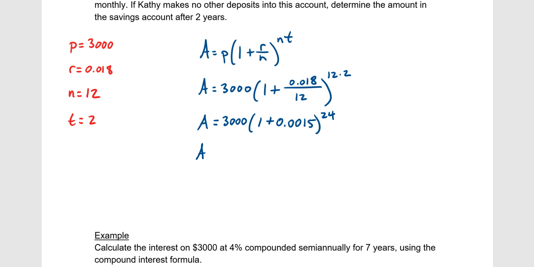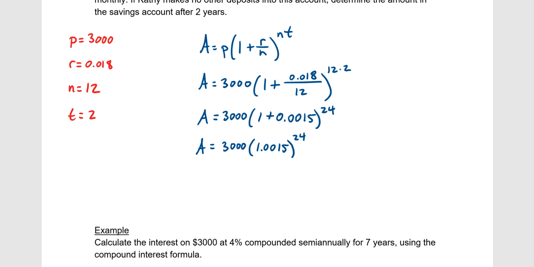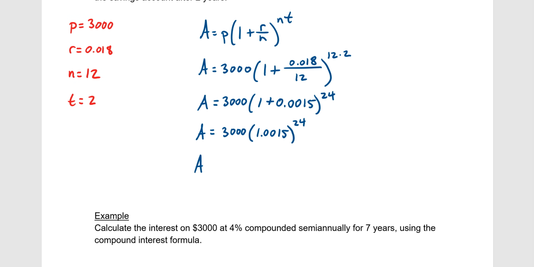And now let's go ahead and add what's inside the parentheses. So try not to round, because rounding could make a decent difference. So adding these two numbers, we get 1.0015. And raise that number to the 24th. And I don't want to write down 1.0015 to the 24th, because I'm going to have to round, so I'm just going to avoid it by plugging it all in at the same time.